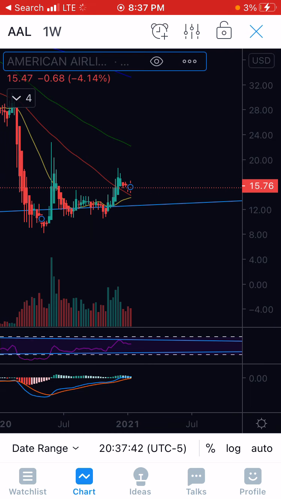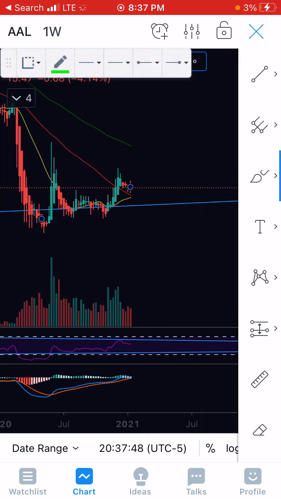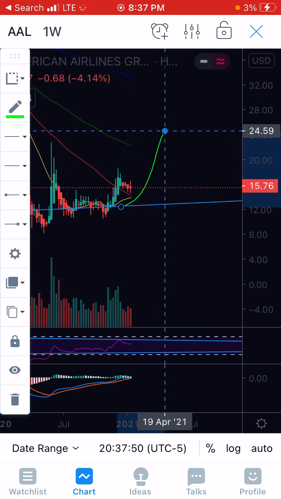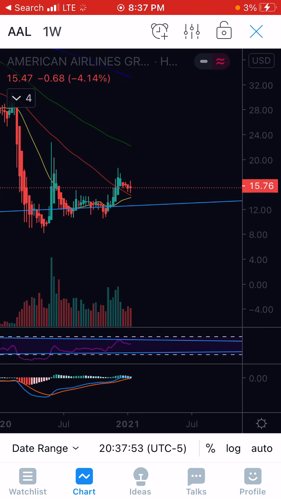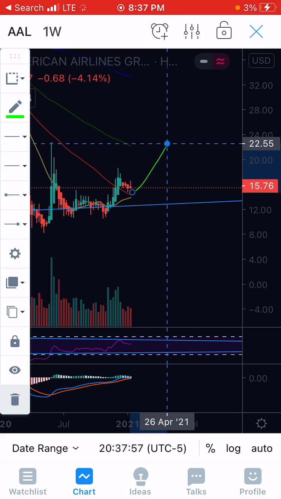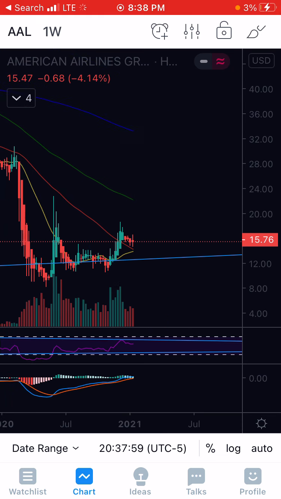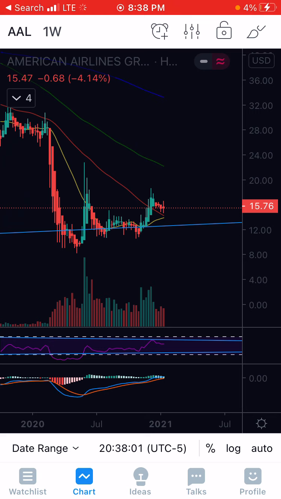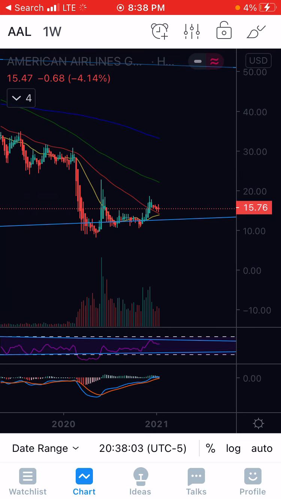That's when a shorter term moving average moves above a longer term moving average. You will get some pretty good price action when this yellow blasts above the red, and then if the red goes above the green and the blue, which are even longer term moving averages, you get an even bigger pump.